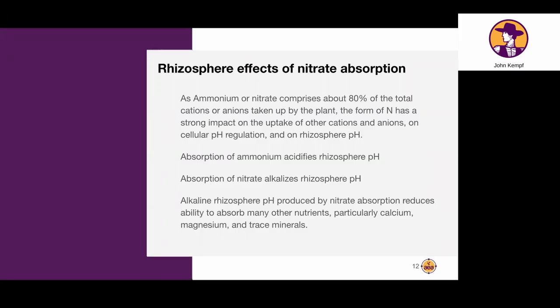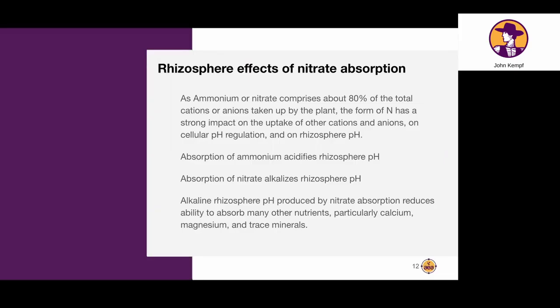And I suspect, it's not stated in this reference, but I suspect it's referring to 80% of the atomic weight or of the molecular weight, because obviously in terms of actual numbers, probably wouldn't be that high. It has a strong impact on the uptake of other cations and anions, on cellular pH regulation, and on rhizosphere pH.